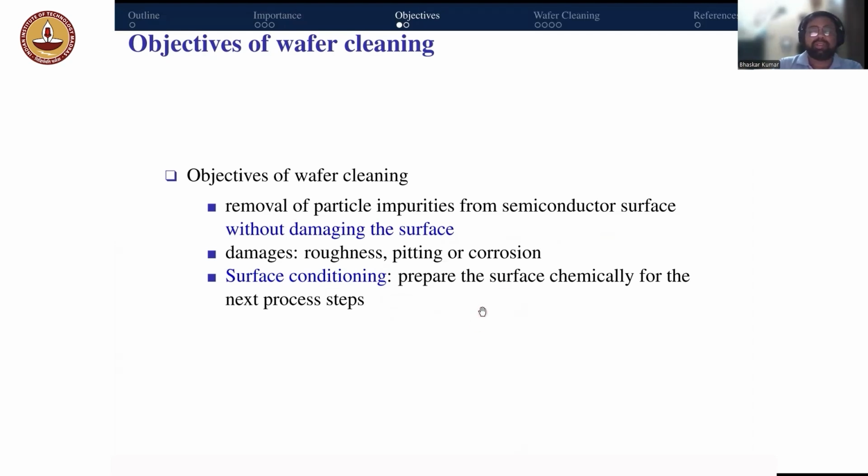That is a prerequisite when we are doing epitaxial deposition after that. So surface conditioning is actually preparing the surface for the next step with a favorable outcome. For example, we can have a solution that is good at cleaning, but if it doesn't prepare the surface for the next step and is actually detrimental for it, then we have to avoid using such a solution.